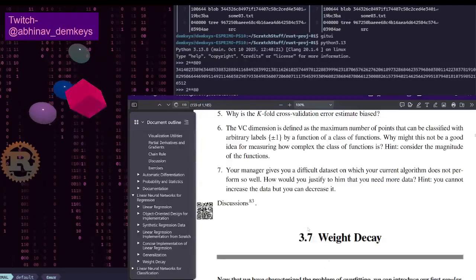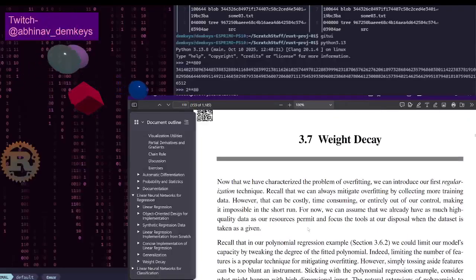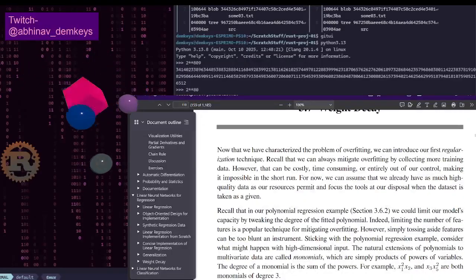What is weight decay? Now that we have characterized the problem of overfitting, we can introduce our first regularization technique. Recall that we can always mitigate overfitting by collecting more training data. However, that can be costly, time-consuming, or entirely out of our control, making it impossible in the short run.